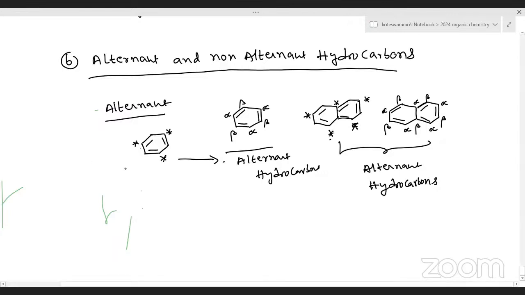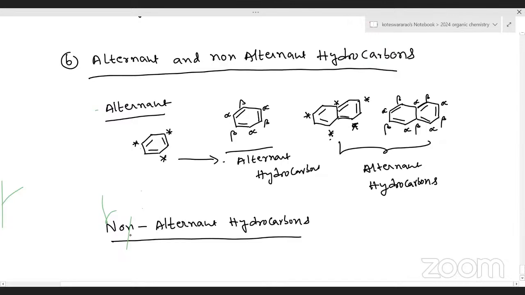Non-alternate hydrocarbons. Similarly, apply the same guidelines for labeling some of the hydrocarbons. When the pi centers in a cyclic conjugated system are labeled alternately with different spin symbols, or alternately with the star symbol and without star symbol, then we get a particular arrangement of those spin symbols.